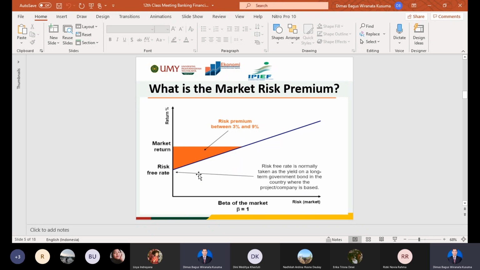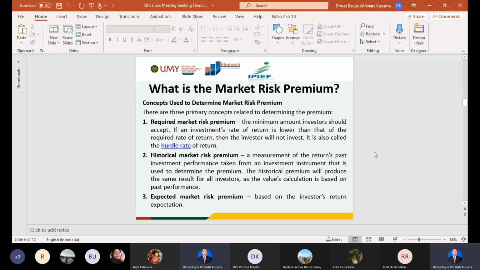The return will change according to market conditions. So by comparing the market returns and the risk-free asset, you get the risk premium, which is the difference between the two. The bigger the gap, of course, the more investors will look at that portfolio. If the gap compared to the risk-free asset is higher, investors will look for this portfolio.